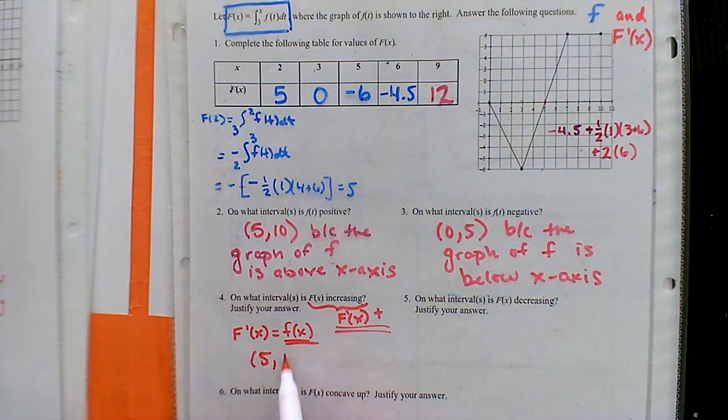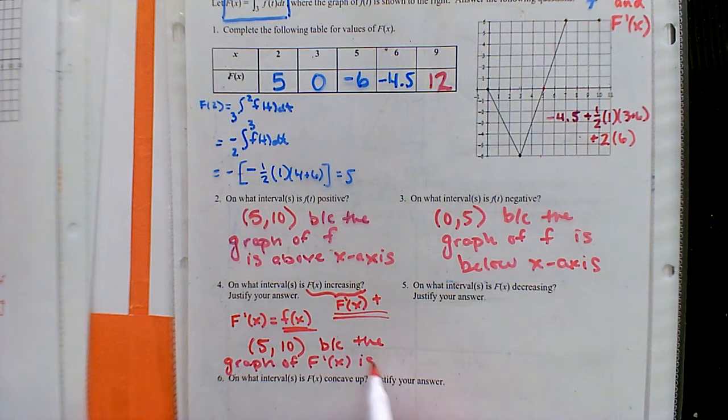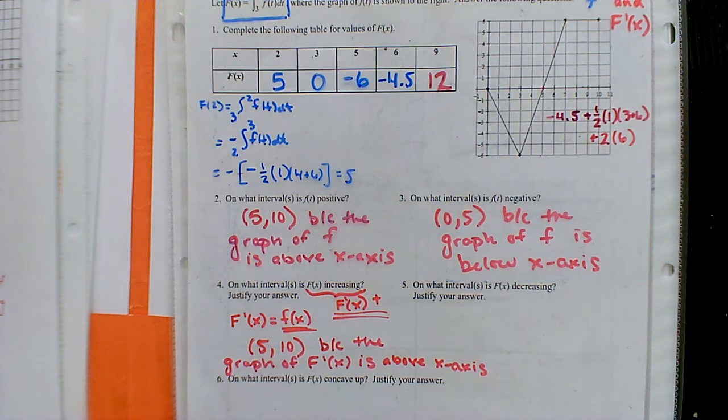It's just that we're going to have a different justification here. 5 to 10 because the graph of capital F prime is above the x-axis or is positive, however you want to phrase it.